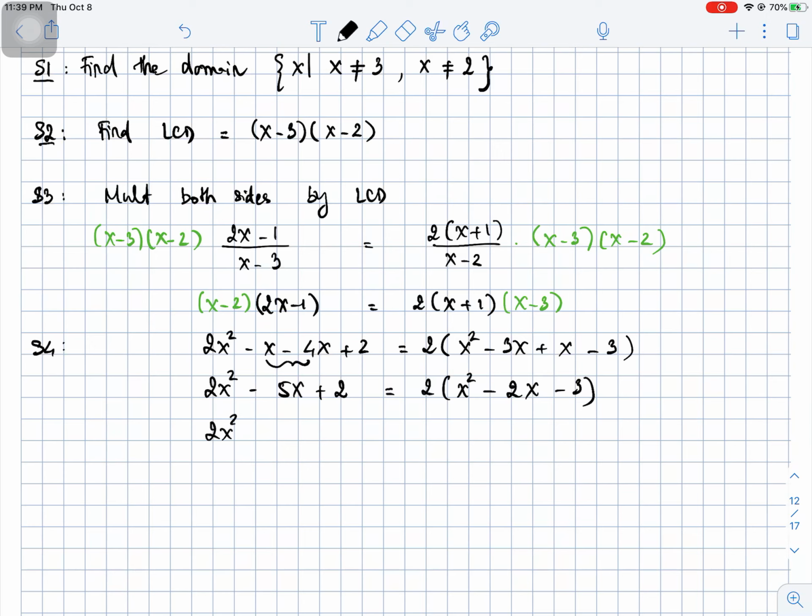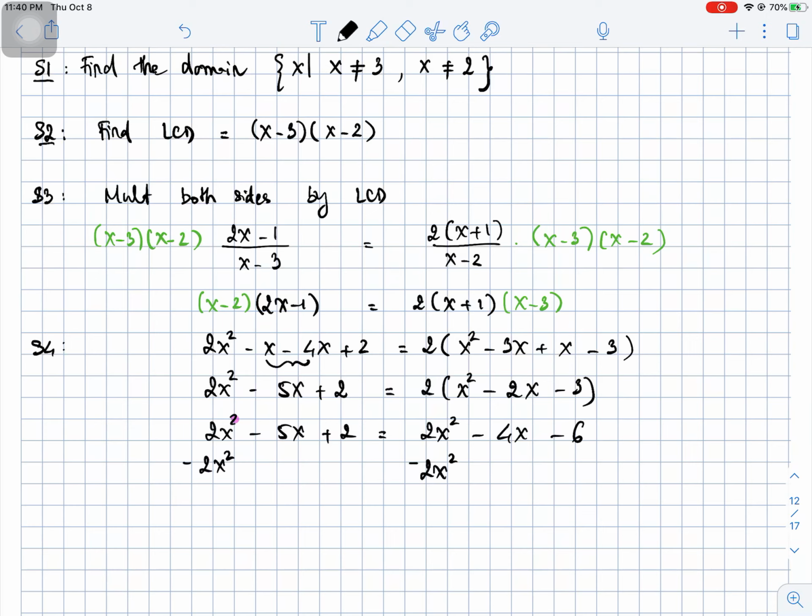So we will get 2x squared minus 5x plus 2. And on the other side, we get x squared minus 2x minus 3, after distributing the 2 on the right side.